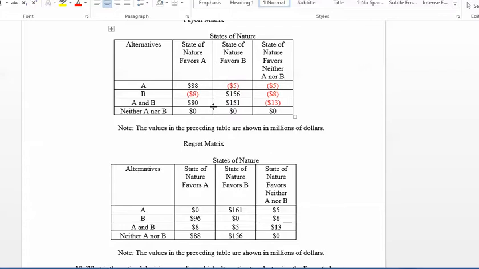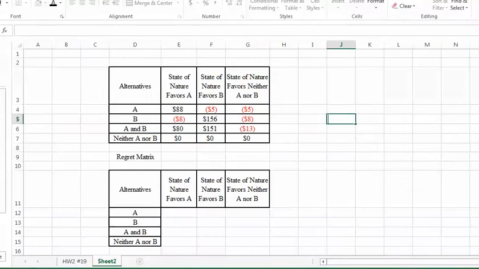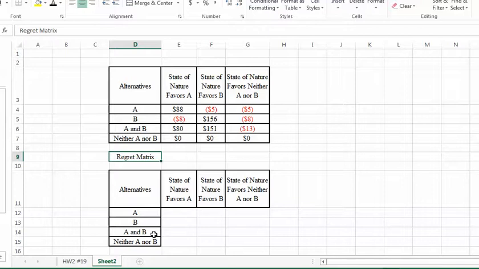So what I did again for number 20 is I went into Excel, and all I did was I cut and paste the original payoff matrix, and then I came down here, and to save a little bit of video time, I started to do my regret matrix down here at the bottom, but what I didn't do was fill the numbers in. So I'm just going to show you how those numbers were derived on the regret matrix from this payoff matrix.